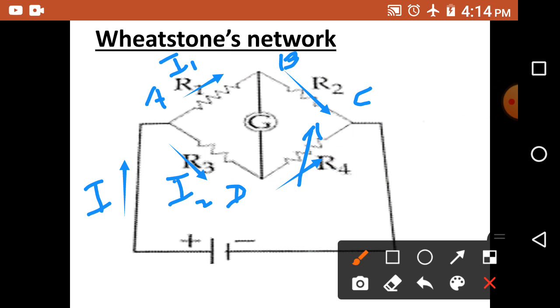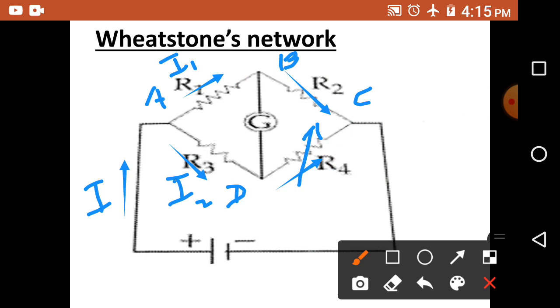When is this possible? See resistances R1 and R3. For R1 and R3, point A is common at one end. For R1, the other end is B, and for R3, the other end is D. B and D are both equipotential points. So for R1 and R3, the potential drop across the resistances is equal.